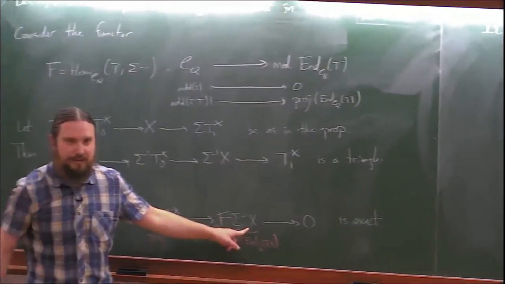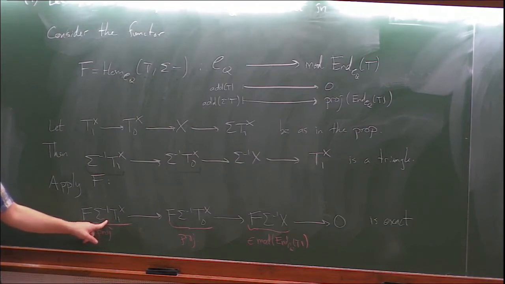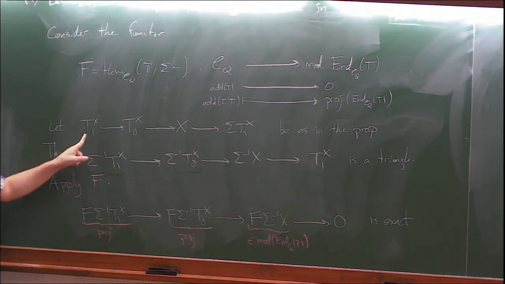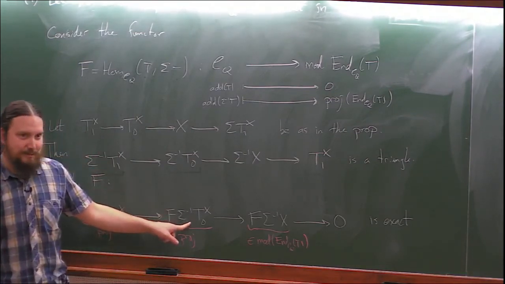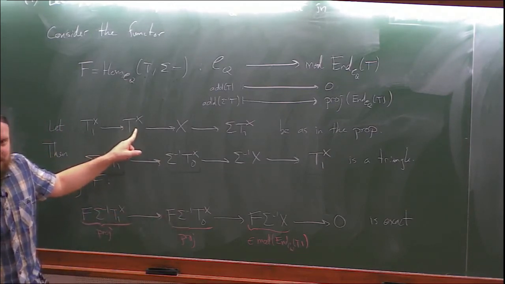So let's do this in reverse. In order to compute T1 and T0, compute this module. In most cases, we can do that. Compute its projective presentation. We know that we can do this. We've seen examples on the Kronecker quiver. And once you have the projective presentation, you look at what projectives appear here. This will give you which summands of T appear here. You know what projectives appear here. This will give you which projective summands of T appear here.